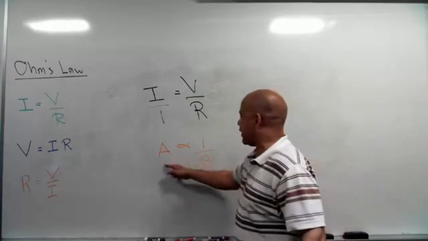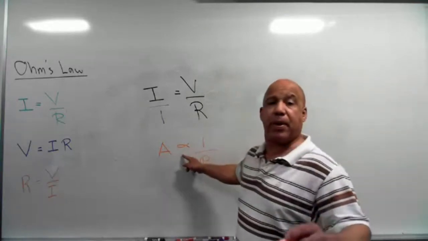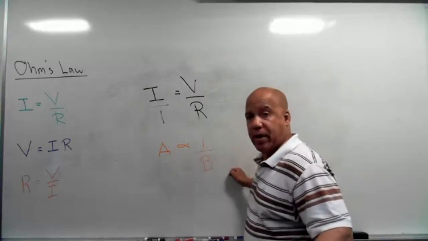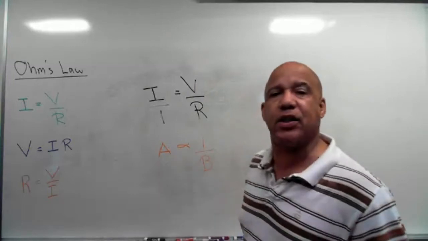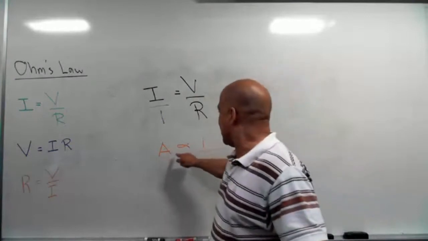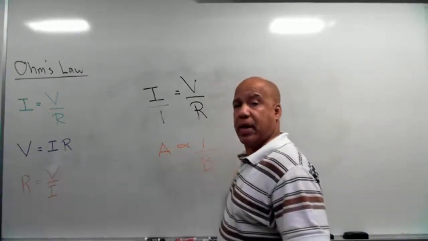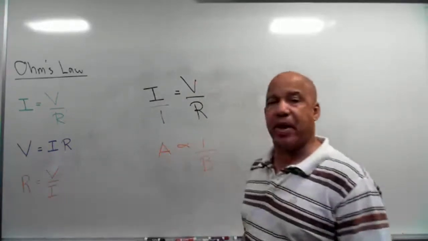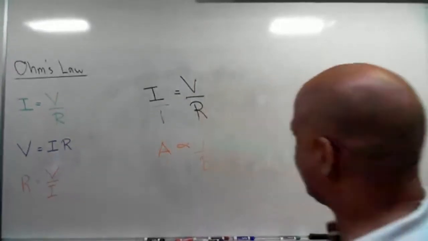What if I say that A is not directly proportional to B, but directly proportional to 1 over B? The way you would say that is A is inversely proportional to B, or B is inversely proportional to A. What do you think that means when I write it like that?